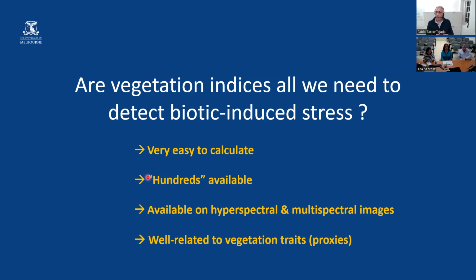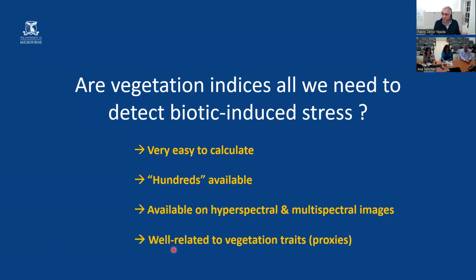And they are available from both hyperspectral and multispectral. We don't need hyperspectral or more advanced technologies. With simple multispectral cameras, we can calculate those indices. And that's why they are, again, very widely used. And the entire scientific community has demonstrated that they are very well related to vegetation traits.